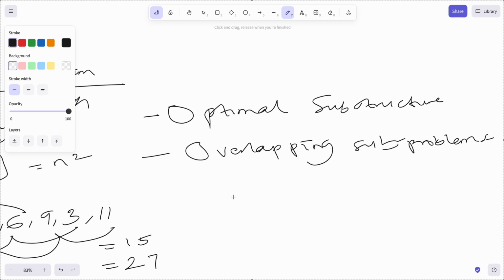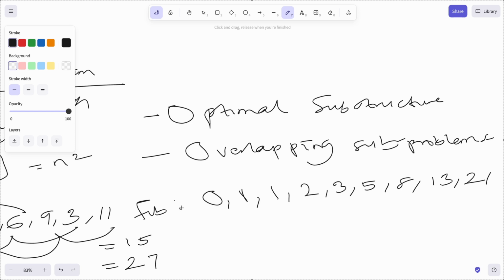What that means is, let's use a simple example. Let's use the Fibonacci numbers. We know that the Fibonacci numbers is a sequence that starts from 0, 1. Then the next is 1, then we have 2, then 3, then 5, then 8, then 13, then 21. So this is the Fibonacci series.